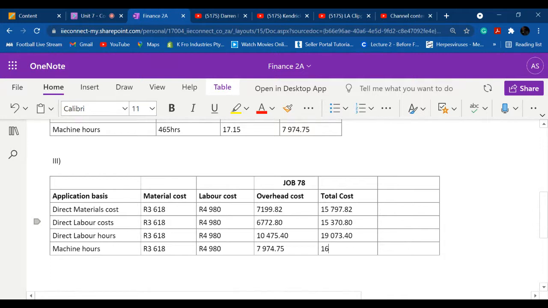Okay, here I'm getting 16,572.75. All right. So let me just delete this here.